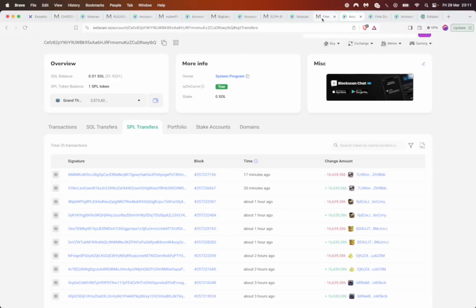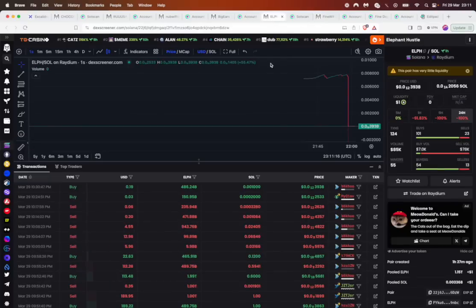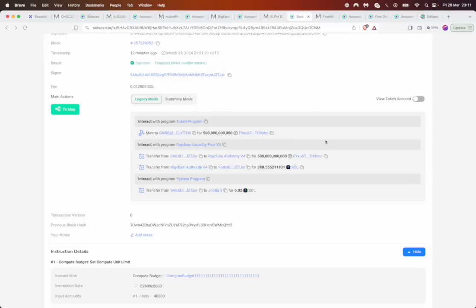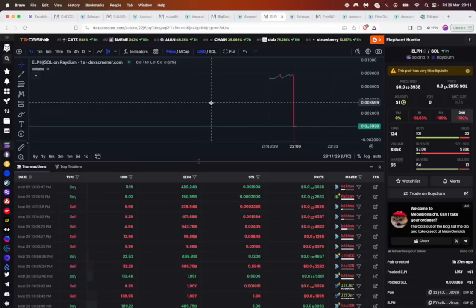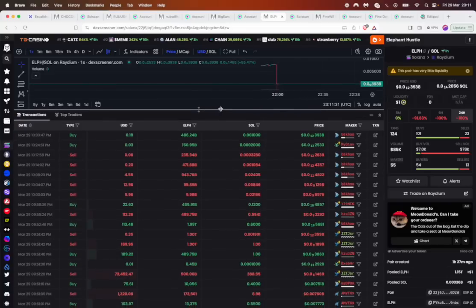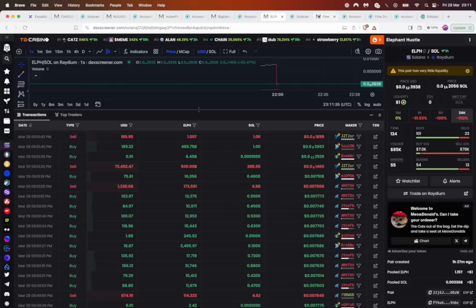Okay. So this is one hidden strategy: they snipe their own liquidity pool. Another hidden strategy, I believe this one is called, give me a second. Okay, this is another hidden strategy, and this strategy is minting.